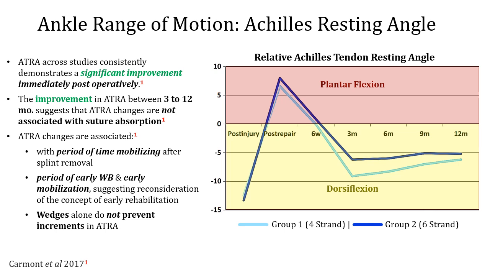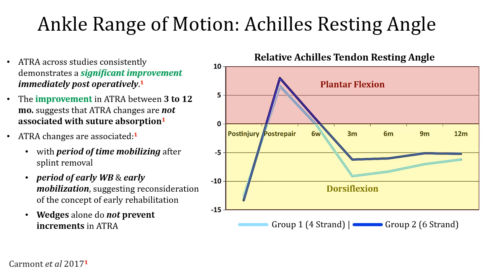And we also see that the period of early weight bearing and early mobilization suggests that we need to reconsider the concept of early rehabilitation and how aggressively we're putting weight into the plantar flexors and any tensile loads that may be going through the tendon. It's maybe more advantageous for it to stiffen up and thus allow the modulus to really stiffen and heal prior to going into our weight-bearing progressions.